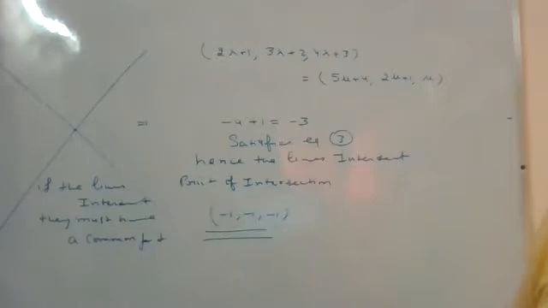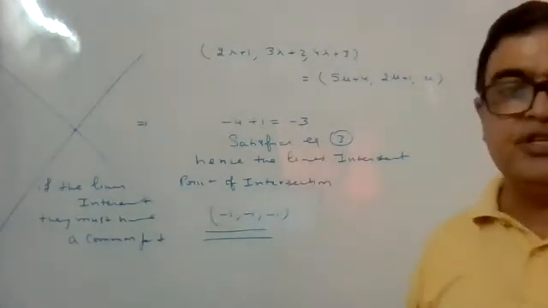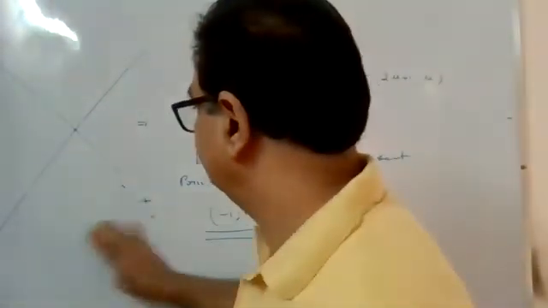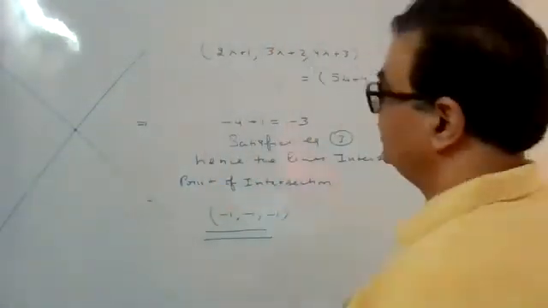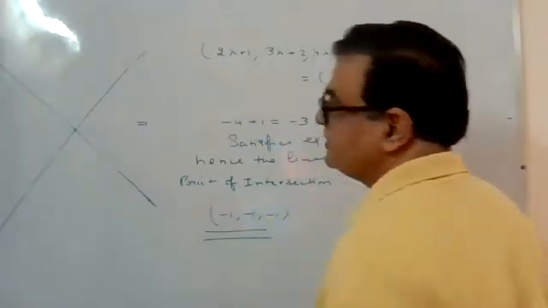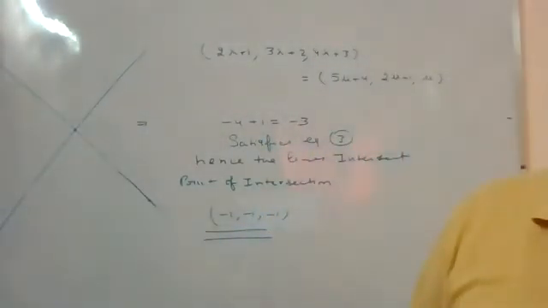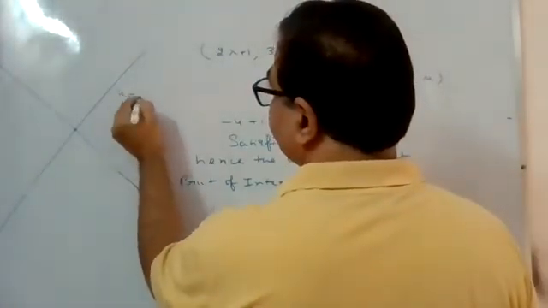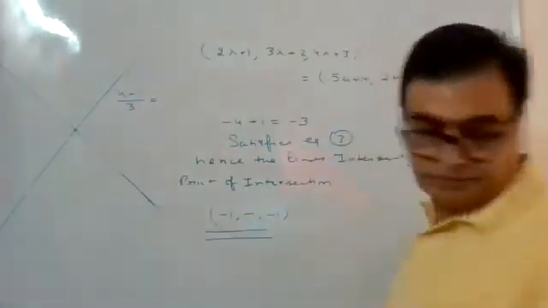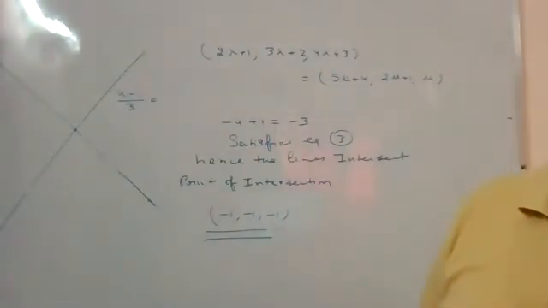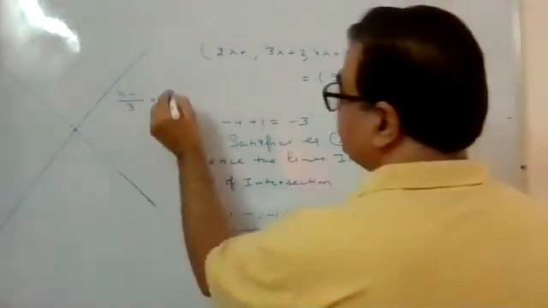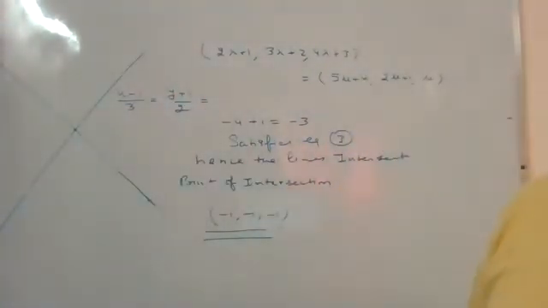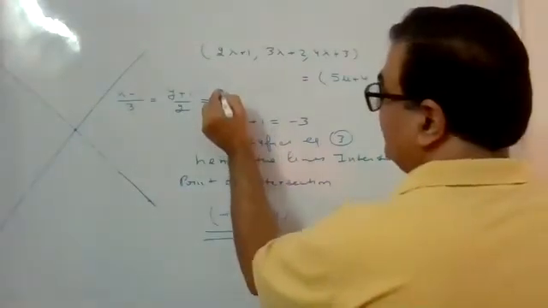Next question, write it down please. Check whether the lines intersect or not. Again, the same type of question. We have to check whether the given lines are intersecting or not. The first line is x minus 1 by 3 equal to y plus 1 by 2 equal to z minus 1 by 5.